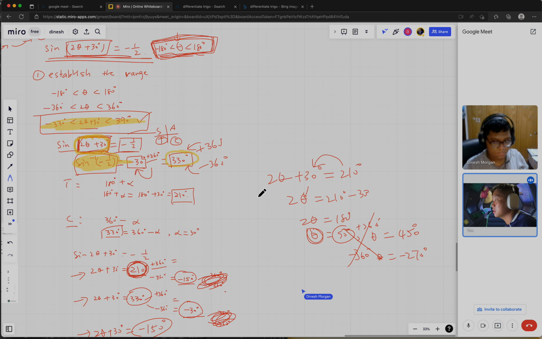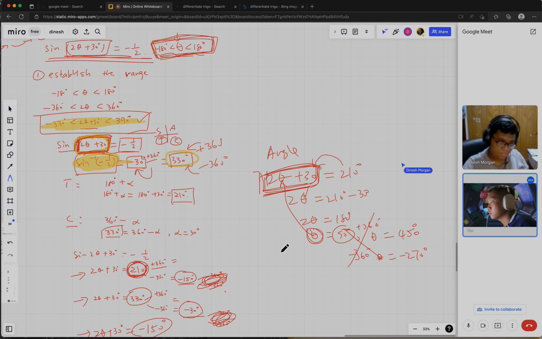In this case the angle is actually this whole block. The theta is just one component in this angle. So you're not supposed to add the 360 or minus 360 to the component of the angle. You should do it to the angle.